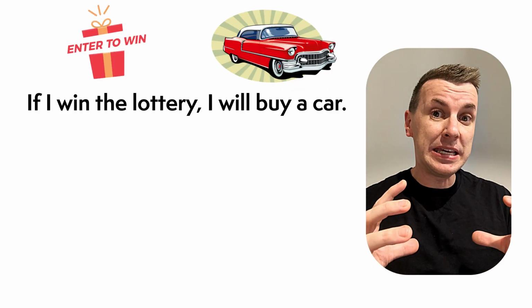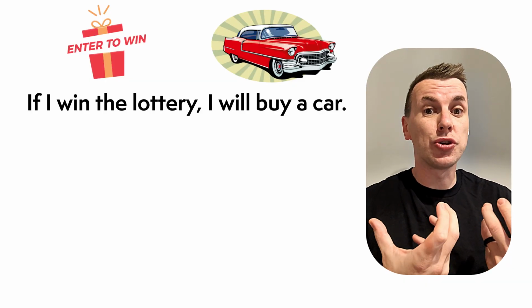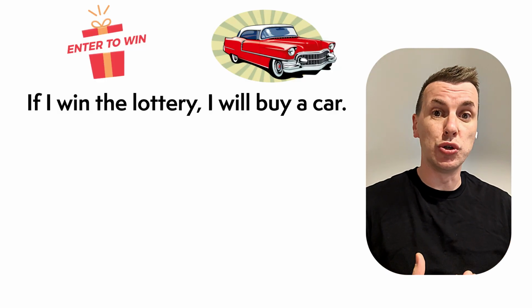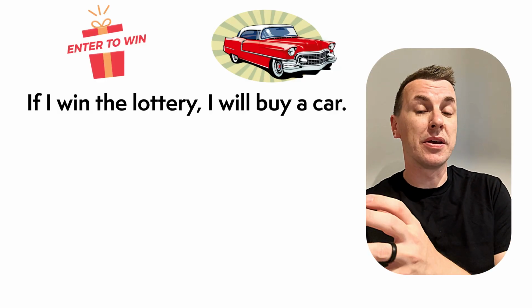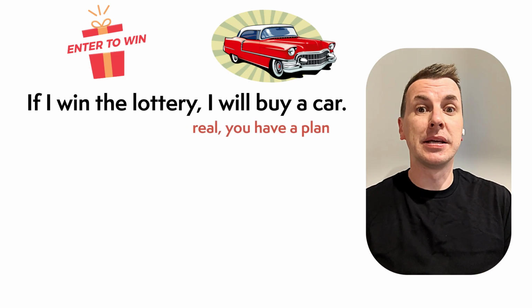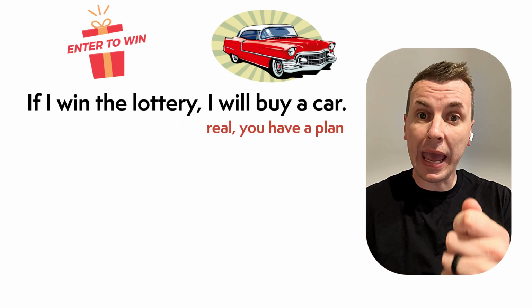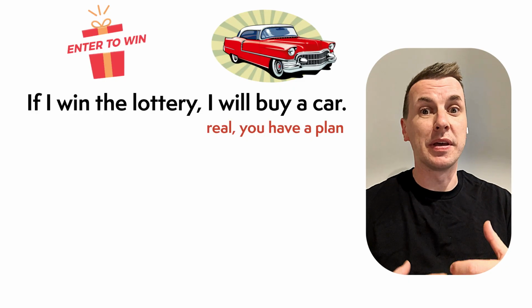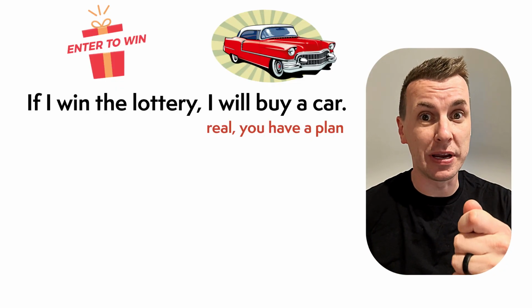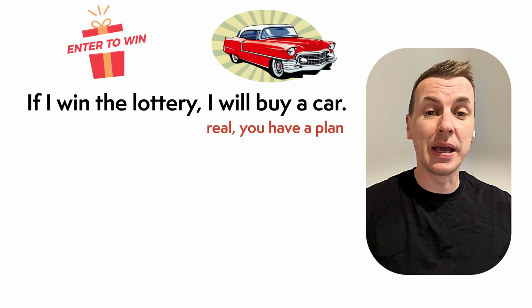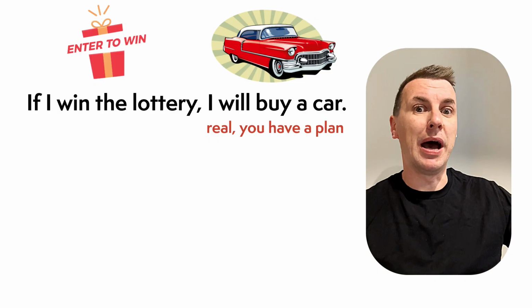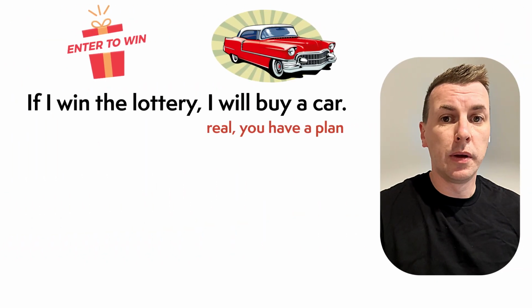The idea here is that this conditional is real and you know what you're going to do in case you win the lottery. More than that, it seems that you have a ticket in your hands and you are telling someone that if you win the lottery, you will buy a car. So this is a real conditional that talks about the future.